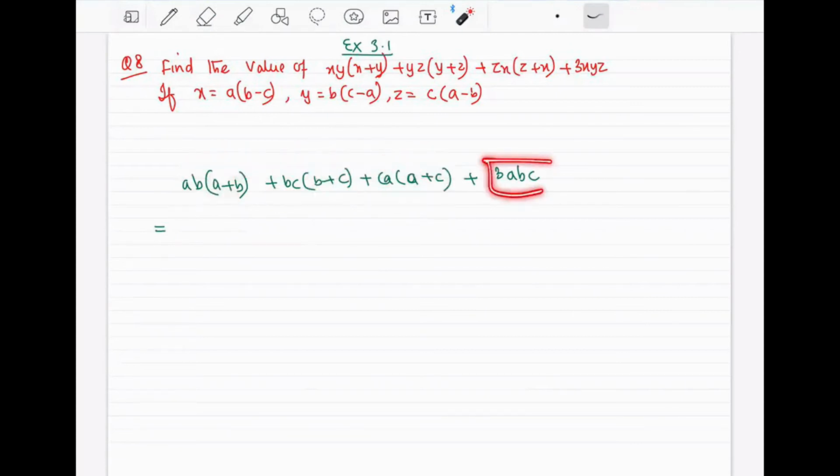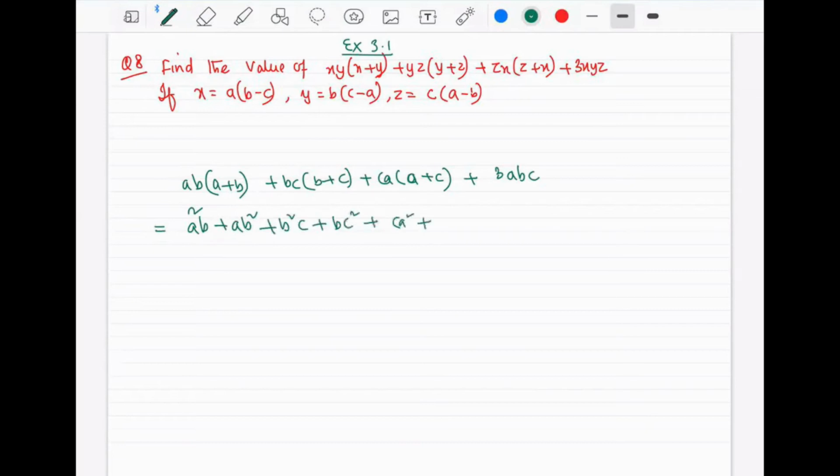Then you have to break down the 3abc into three parts, abc, abc, abc. So that way we are able to obtain a square b plus ab square, b square c plus bc square, ca square plus c square a plus, I'm breaking down the 3abc into abc, abc, abc.